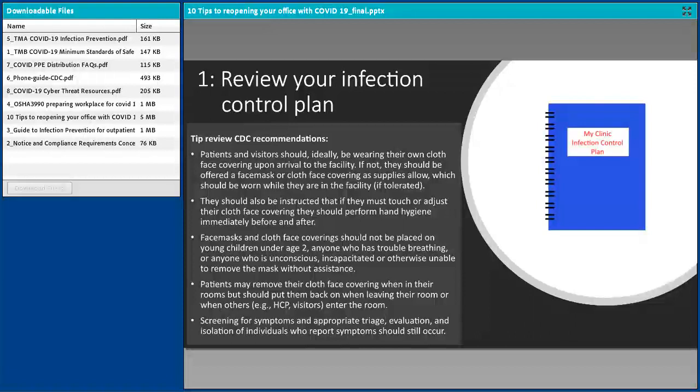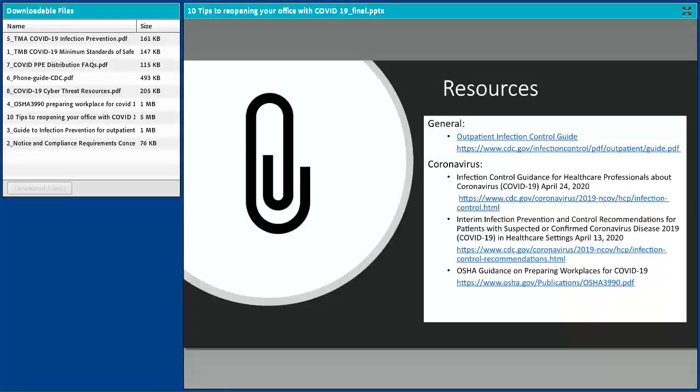Patients may remove their mask if they are in their exam room, but should put them back on when they're leaving their room or when others enter into the room. And again, screening for symptoms and appropriate triage, evaluation, and isolation of individuals who report symptoms should still occur. And here we have the resources for you that cover those basic guidelines for infection control from the CDC.